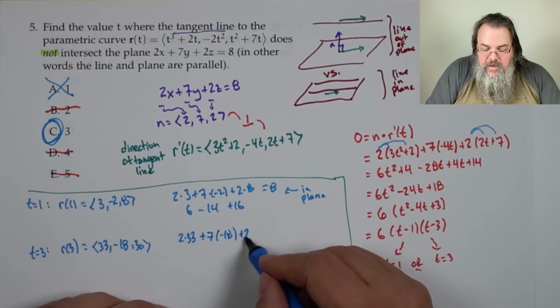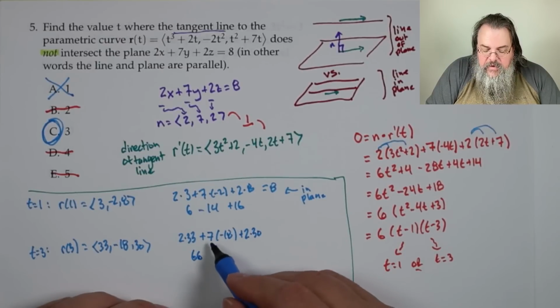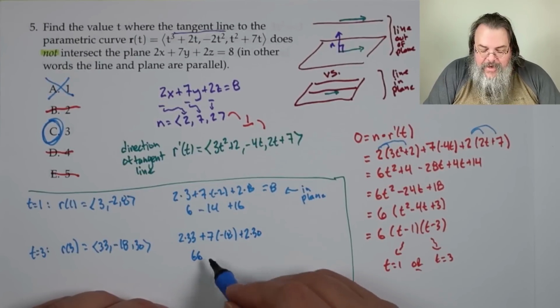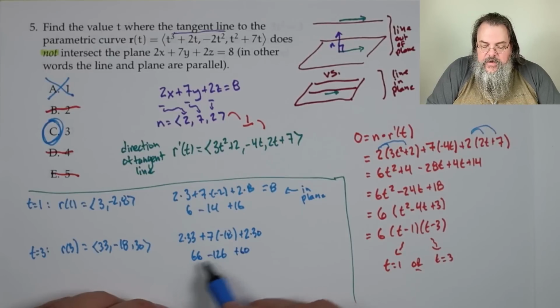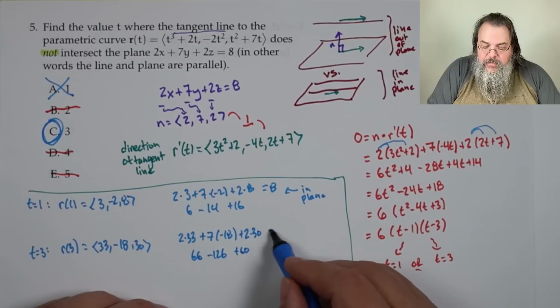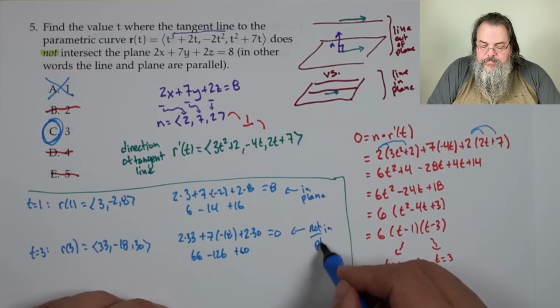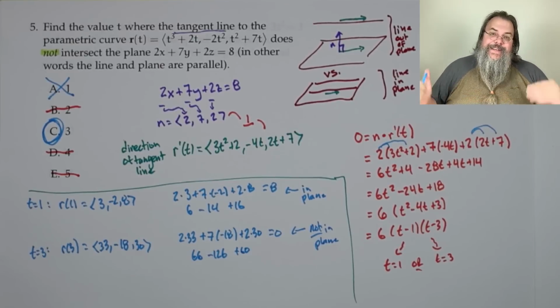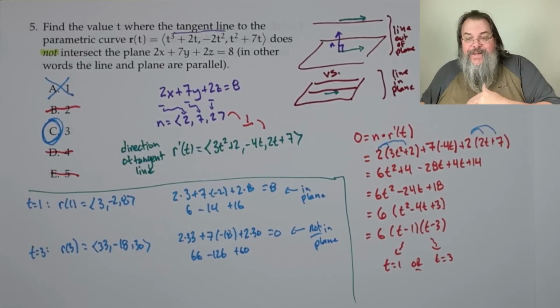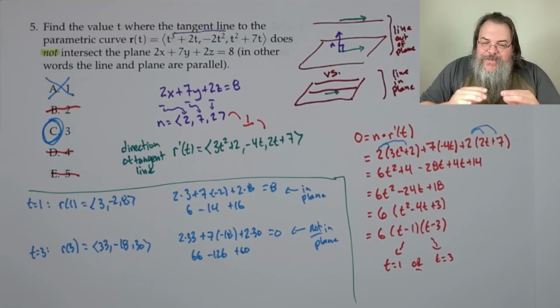And 2 times 30. Okay, so that's 66. 7 times 18 is minus 126, right? We all know that. And plus 60. So we get 126 minus 126 equals 0. So this is not in the plane. All right, so yeah, see, indeed, it does work. It is parallel to the plane, but it's not in the plane. So life is good. Oh, that was a subtle one.